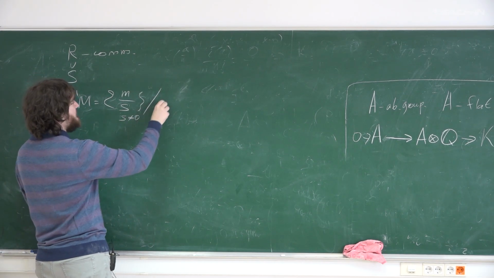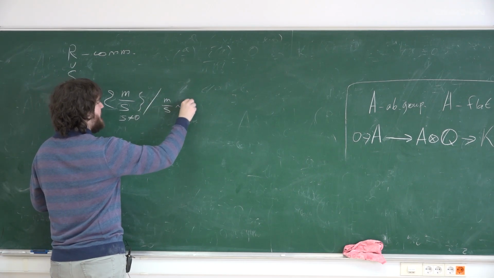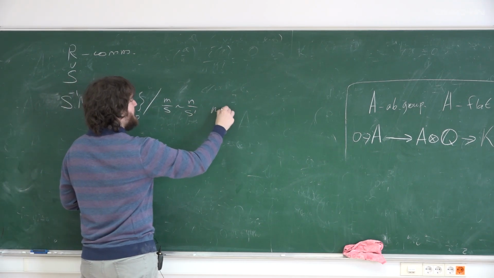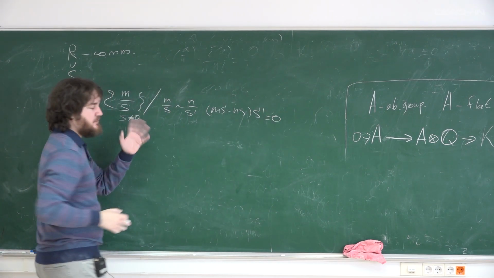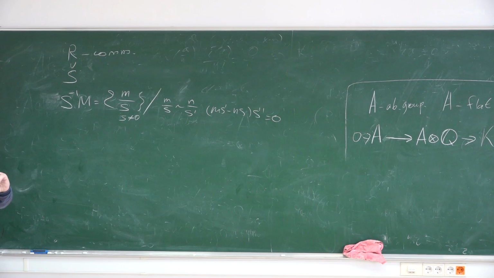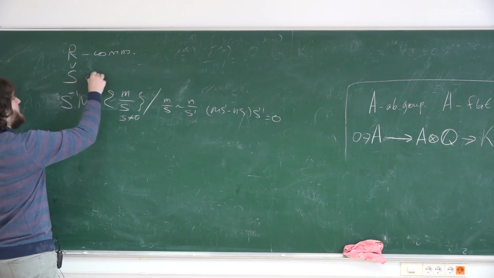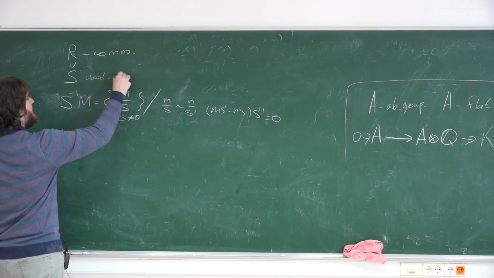Modulo the same relation: m/s equals n/s' if there is some s'' with s''(s'm - sn) equal to 0, and with the same rule of addition. Once again, S is some subset closed under multiplication.